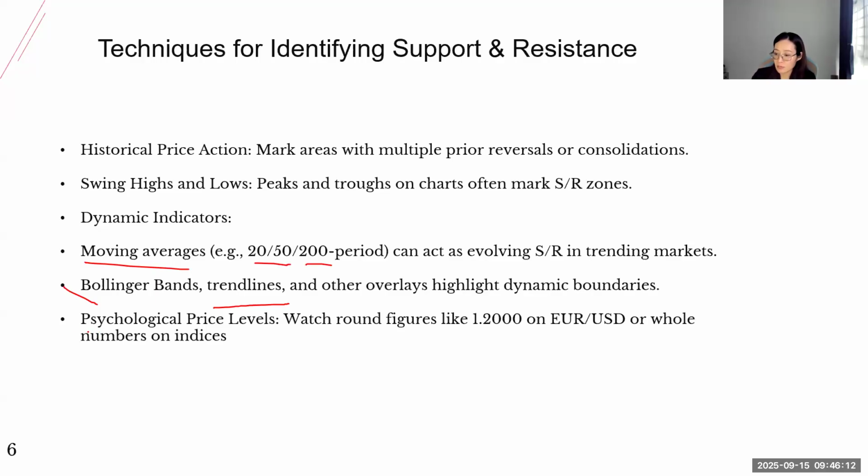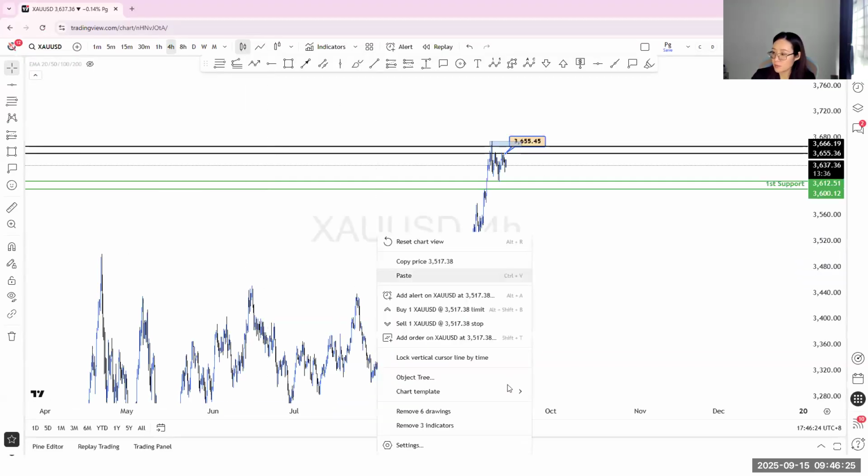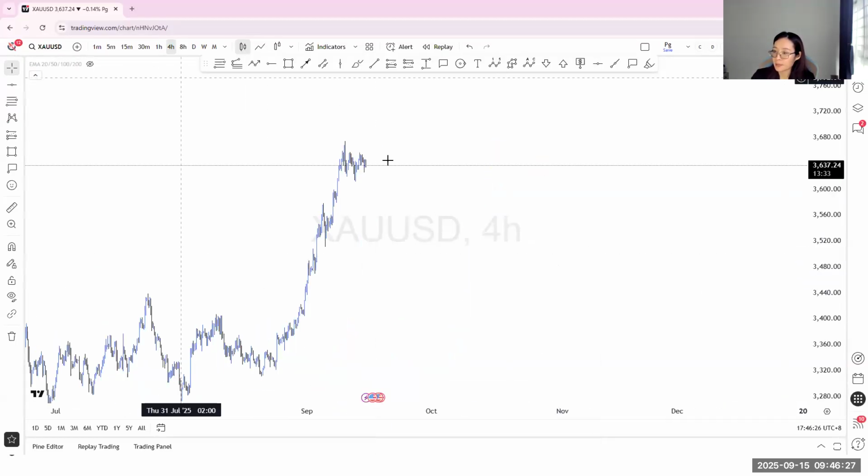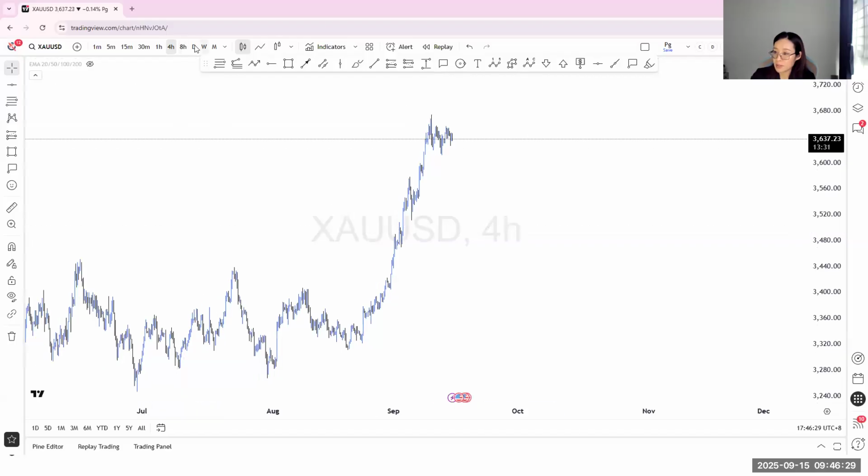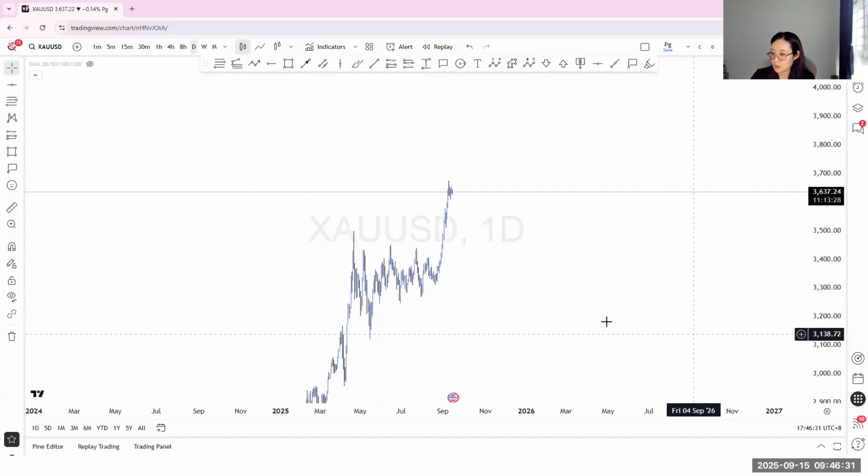Okay, psychological numbers, I already said, ending with 0 or ending with 5. Usually they're going to see the bulk from there. For example, here I'm going to remove everything, right? Based on gold. Okay.